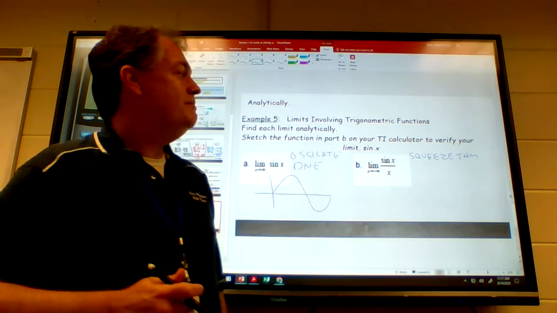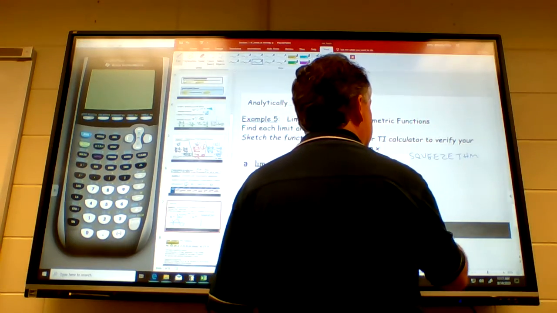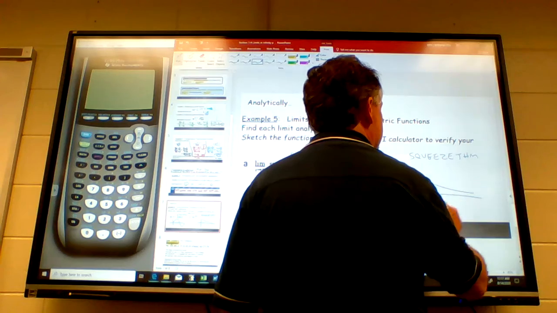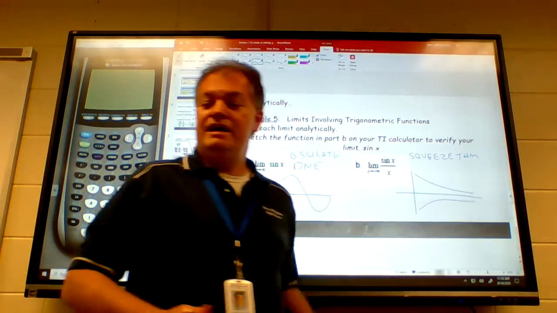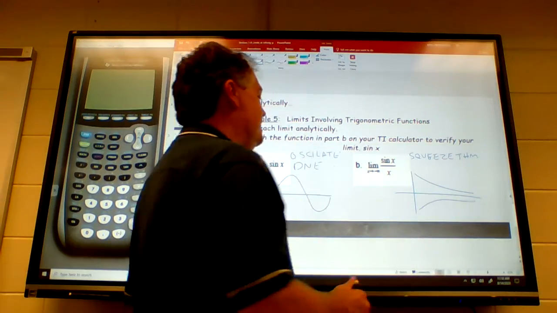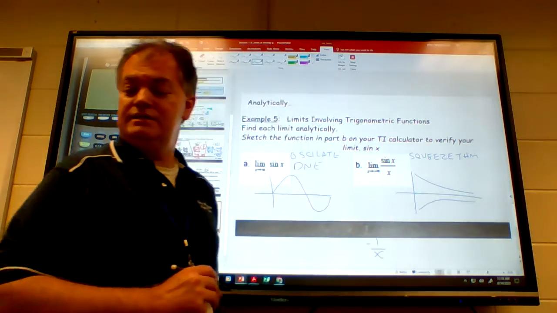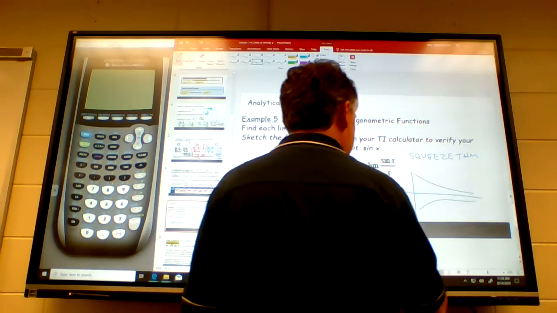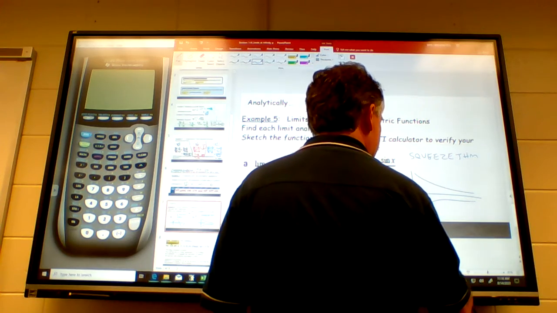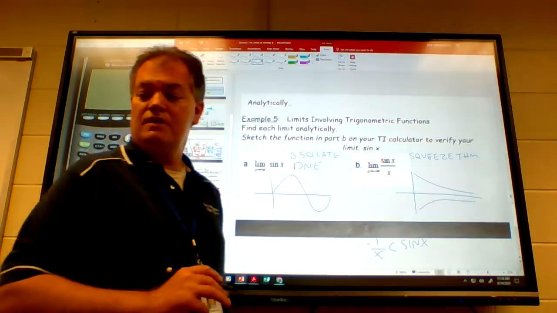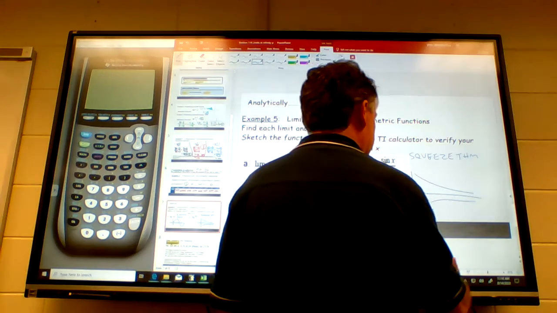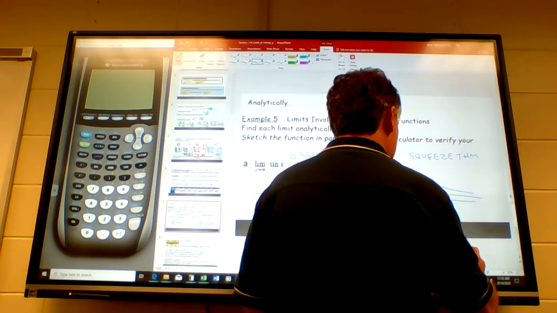Here's what's going to happen with it. It's going to do this, and it's eventually going to come together such that negative 1 over x is less than sine of x over x, which in turn is less than 1 over x.